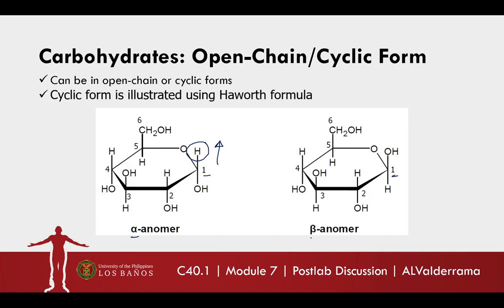Kapag naman beta, yung hydrogen sa anomeric carbon is oriented downwards. So yung ating 1 is your anomeric carbon. And the orientation of hydrogen signifies if it is an alpha or beta anomer.